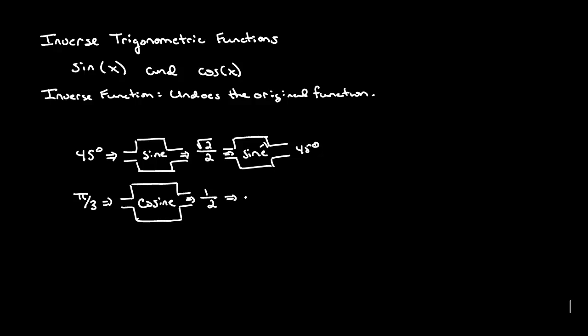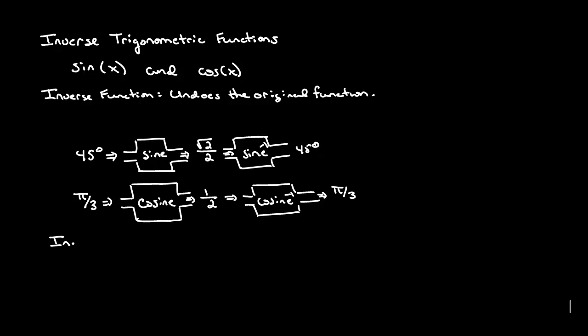But now we want to take 1/2 and plug it into another function, which we'll call the inverse cosine, so that it spits back out the angle pi over 3. So whereas the original trig functions input an angle and output a real number, the inverse trig functions will input a real number and output an angle.